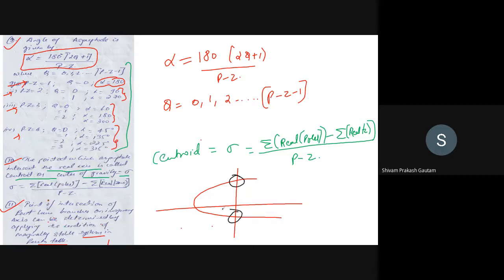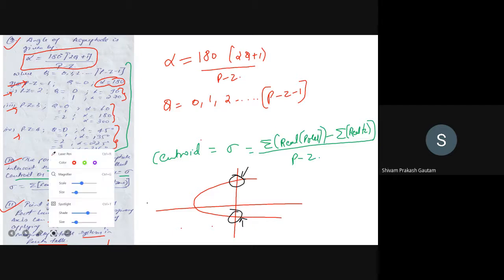Now you can determine these points by using the Routh table. You can apply the concept of row of zeros, that is ROZ, and then you can calculate this point. Again, this will be clearer when we solve some examples, right? So this is regarding step number 11.